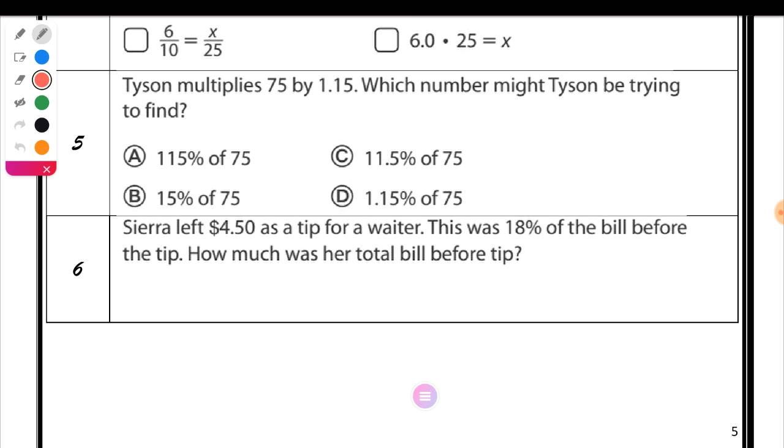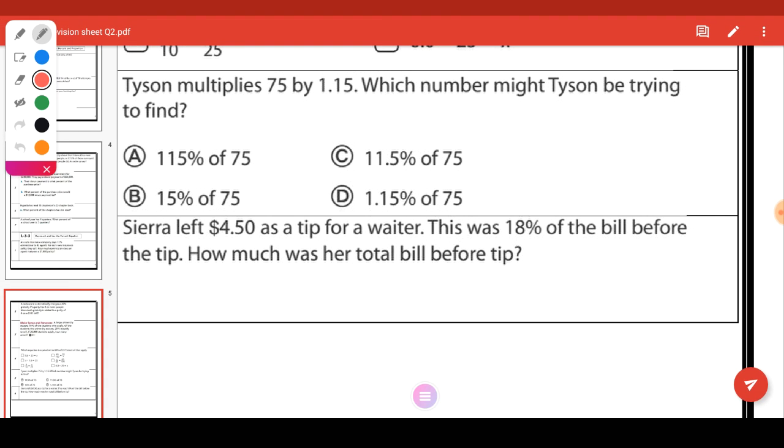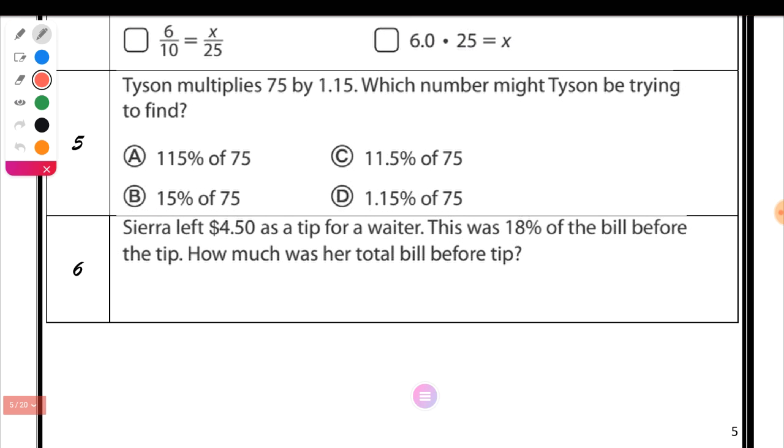I can write it as 75 multiply. Okay, he multiplied, so I use multiply. Multiply what? 1.15. Instead of writing 1.15, I can write it as 115 over 100. Yes or no? Yes.